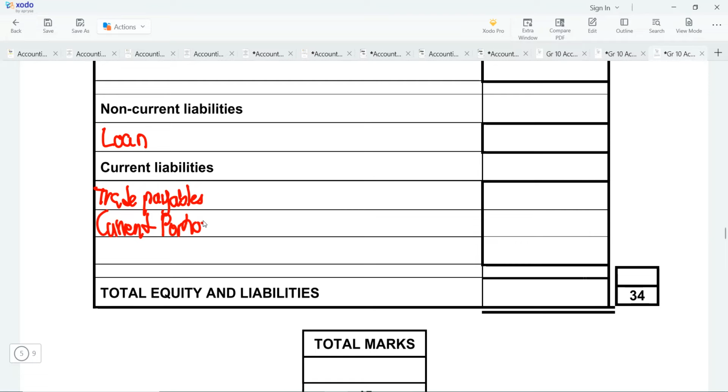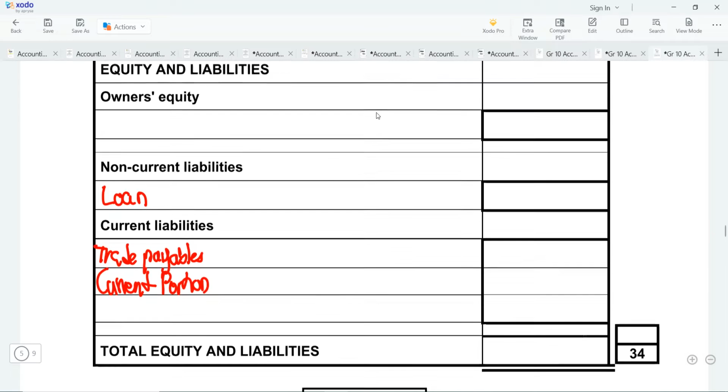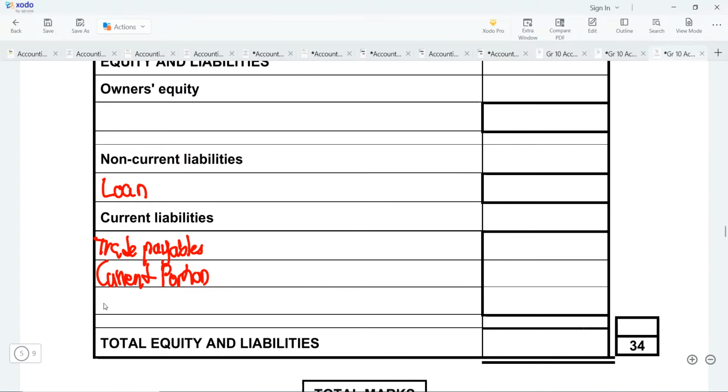Then we also need to check if we do have any bank overdraft. If it's available, we'll have to show it on the face of the balance sheet here.